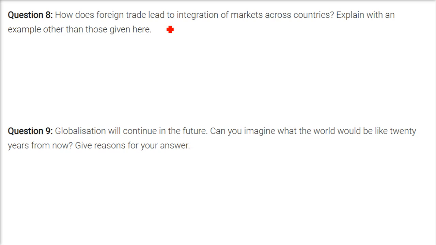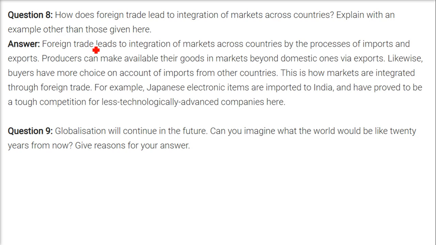How does foreign trade lead to integration of markets across countries? Explain with an example other than those given in the text. So foreign trade leads to integration of markets across different countries by the process of trading, of course, imports and exports. Producers can make available their goods in markets beyond domestic ones via exports.